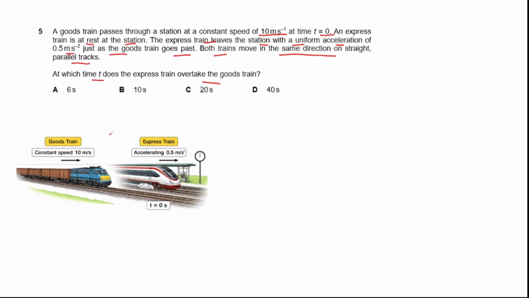So the condition is like this. Goods train is having a constant speed and express train is accelerating. So here you need to find out the condition. So when it is overtaking, the overtaking condition, when the express train can overtake the goods train, is when positions are equal.